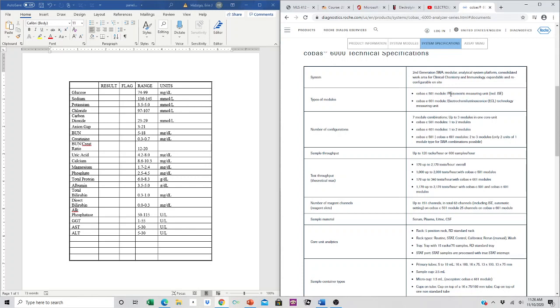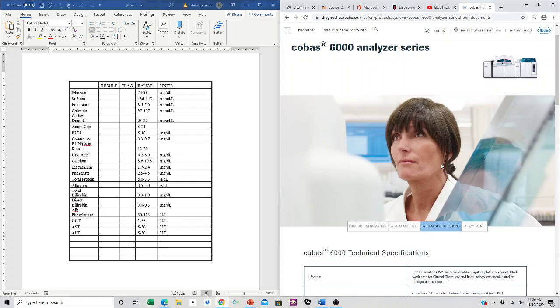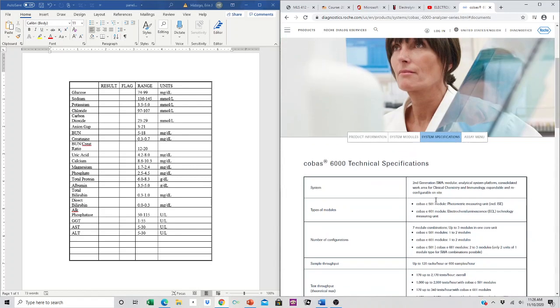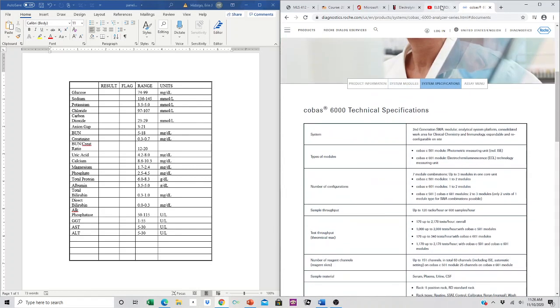In the photometric section of it, it tells you it includes ISE. So when we are talking about the fact that electrolytes are measured with ISE, remember that's a small unit within this larger instrument. When you're looking at that large instrument in your lab, it's doing more than one methodology within that large instrument.